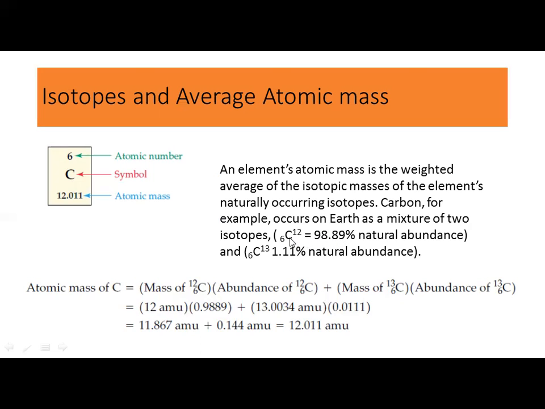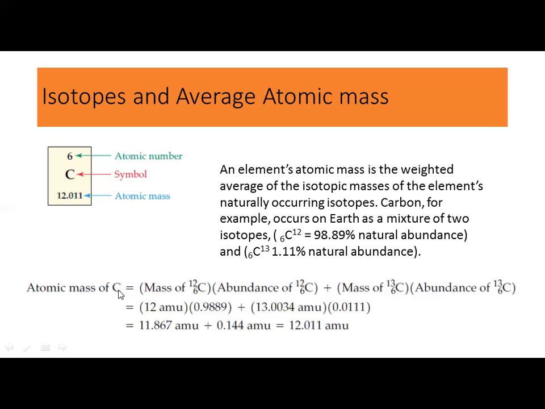98.89% is carbon 12, जो हमारे atmosphere में है, ठीक है? And only 1.11% is carbon 13, ठीक है? Then we are going to use this information to calculate the average atomic mass, because average atomic mass is the average of these two isotopic masses. How can we calculate?